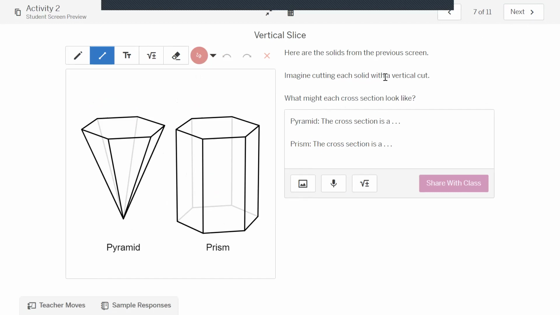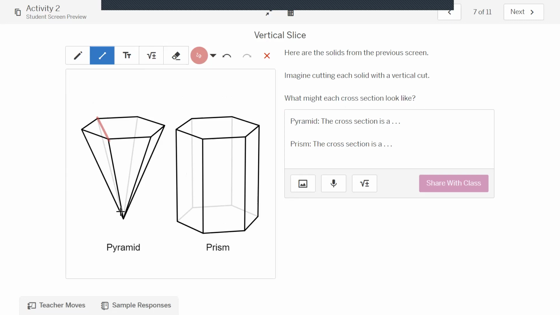All right. Imagine cutting a solid vertical like that. What might each cross section look like? Hmm. Well, of course, you look at this one, cut it right there.